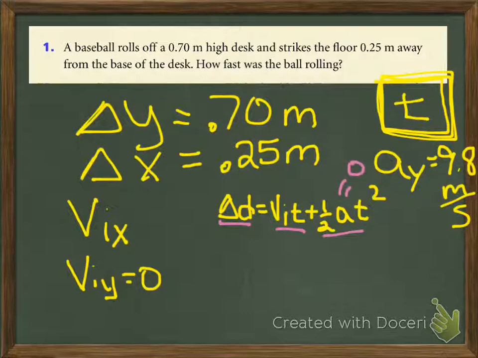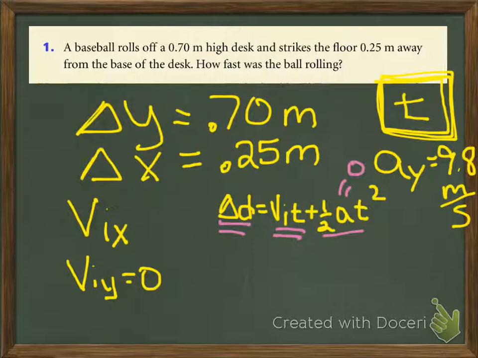So we'd have delta x equals Vixt. Well, now we have two unknowns, so we cannot use that equation at this time. But what if we do it in the y direction first?